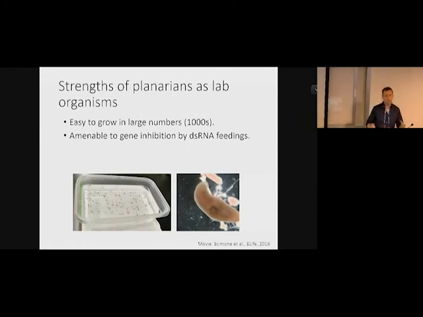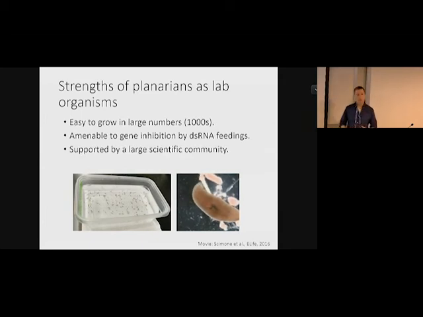In a single experiment, we can have dozens of experimental groups, each group fed on a different kind of double-stranded RNA to analyze the functions of multiple genes. And finally, there is a large research community. Planarians are by far the largest scientific community working on regeneration using invertebrates. So that's also very important, in order to not be reinventing the wheel for every method that we use.